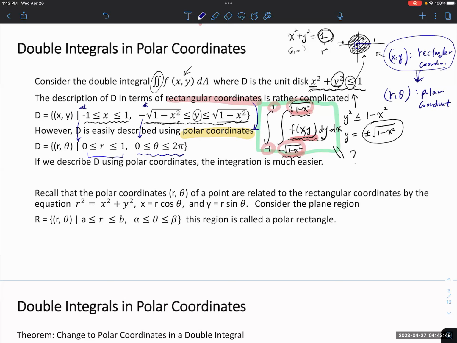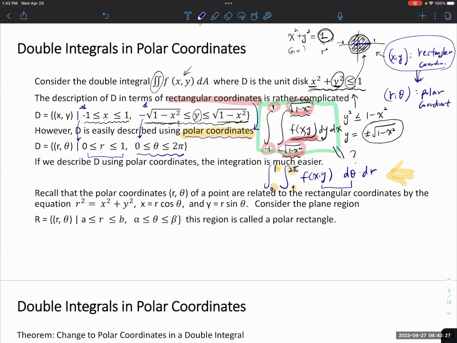If you change X comma Y to R comma theta, then this double integral is going to be much easier: 0 to 2 pi, and 0 to 1, and then here you have d theta dr. So check it out, which one is simpler? The second way, polar coordinate, you always have something simple like pi or some radius. Therefore, in 5.3, we're going to focus on the double integral of polar coordinates.